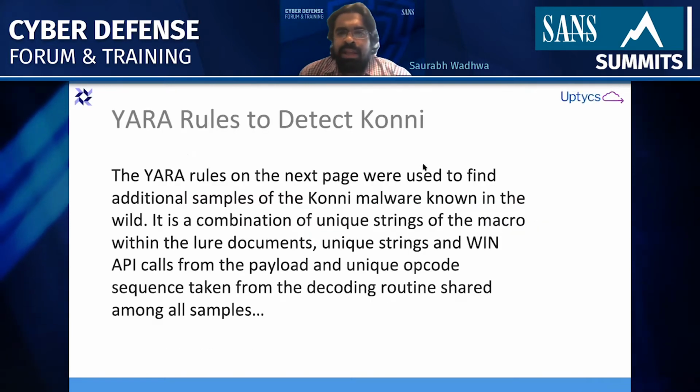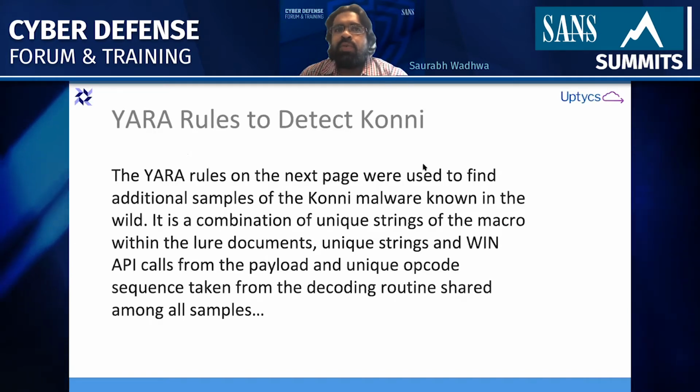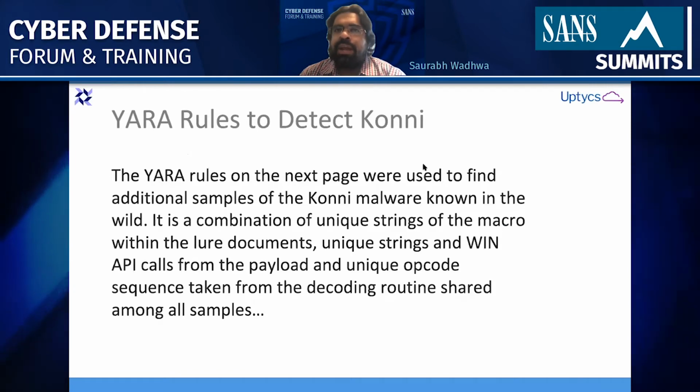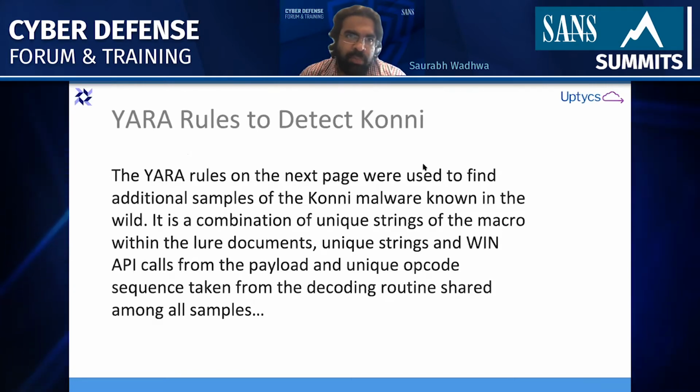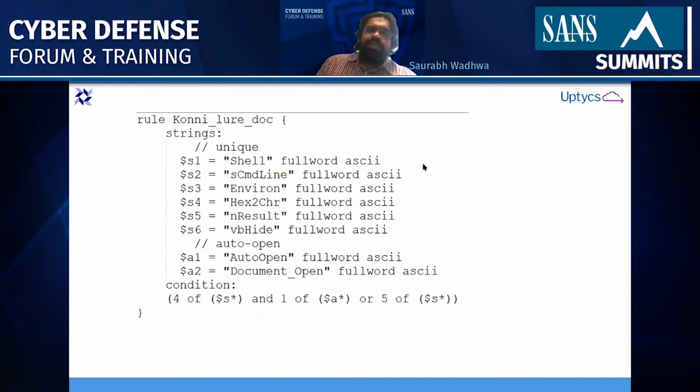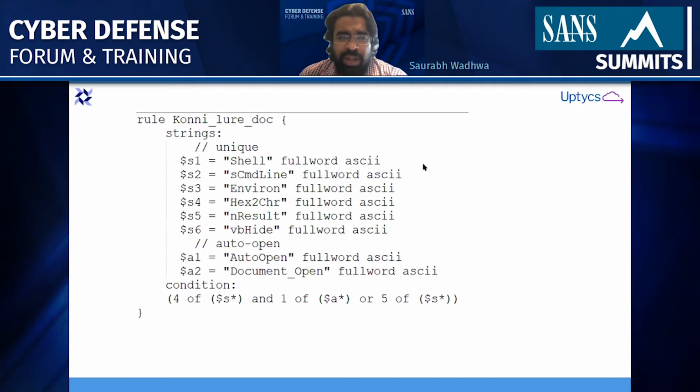Now we will see a couple of slides which define the YARA rules that were used to look for Connie. Connie had two parts: one was the lure document and the payload. In this coming screen, you will see the YARA rule for the lure document.